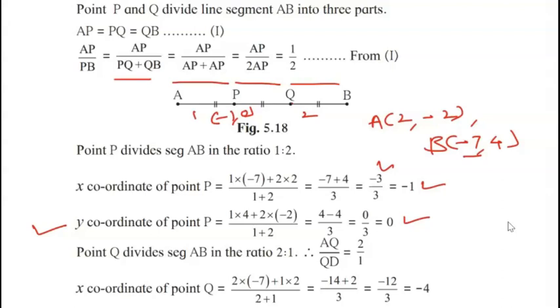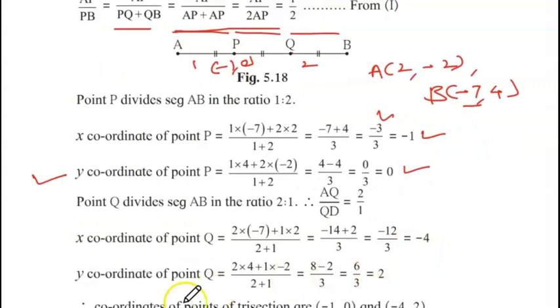Again, the coordinates of the point Q are found this way. That is, point Q divides segment AB in the ratio... how many parts will this be now? These will be 2 parts and this will be 1 part. Therefore the point Q divides AB in the ratio 2:1. AQ upon QB is 2 upon 1. Therefore the x coordinate of the point Q: again (mx2 + nx1) upon (m + n).